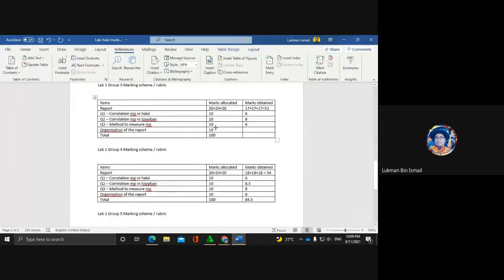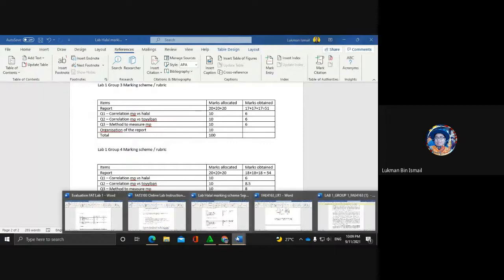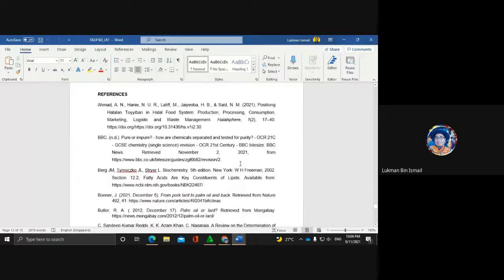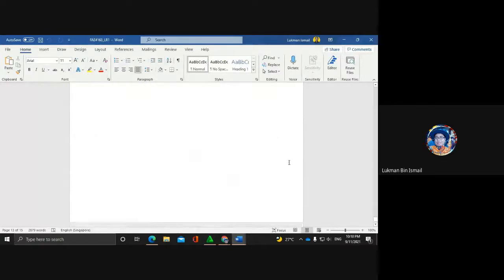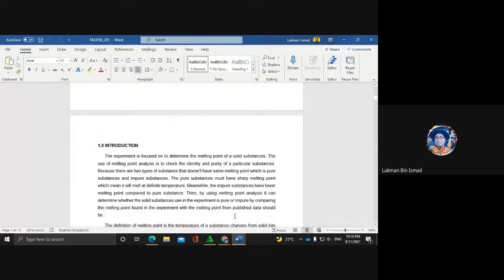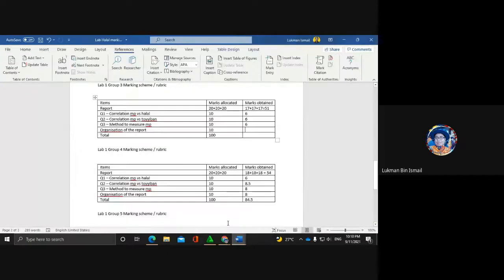Oh yes, organization of the report. You have conclusion, reference is nice. So tapi tak ada paragraph ya. Ada abstract. So not too bad actually. So gonna gain about 7.